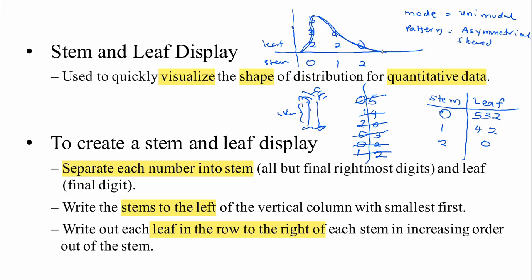Again, look at the tail, skewed right. Perfect. And so that is how we create a stem and leaf display. And this is how we represent it visually.